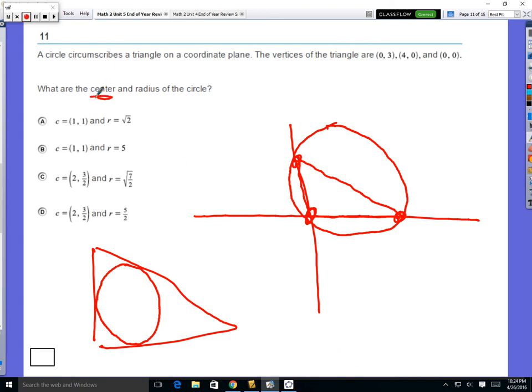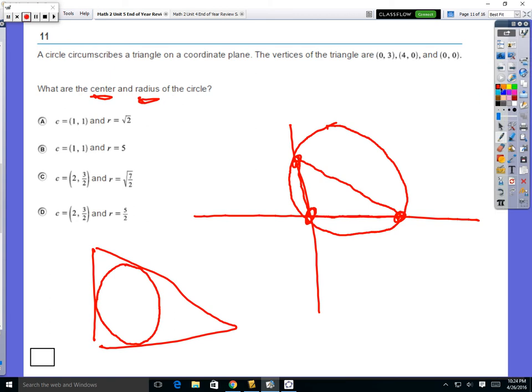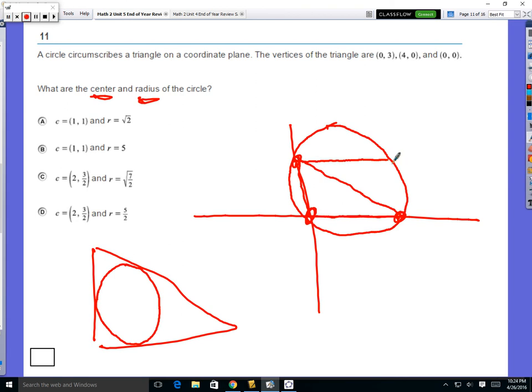Okay, we need to find the center and the radius. So here's what we're going to do. We are going to draw a rectangle. And let's find the length of it. The length, (0, 0) to (4, 0). So this rectangle, that piece is 4. And how tall is it?